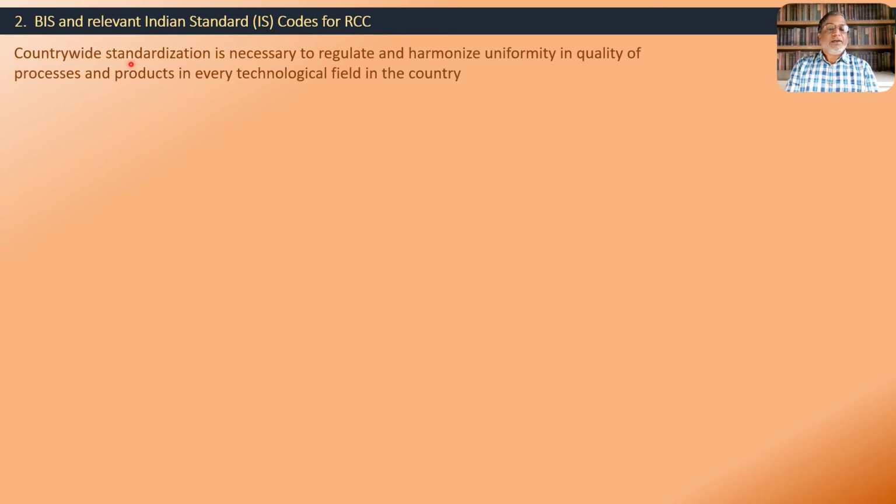A country-wide standardization is necessary to regulate and harmonize uniformity in quality of processes and products in every technological field in the country. So in every technological field, there has to be some uniformity about quality of processes and products, both processes and products.